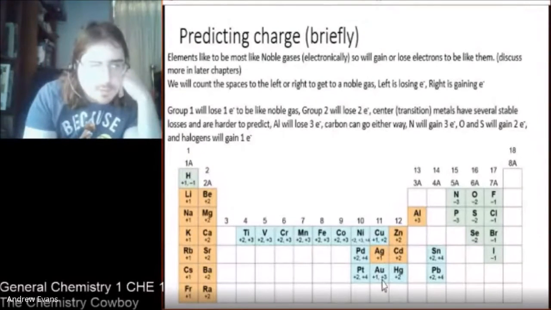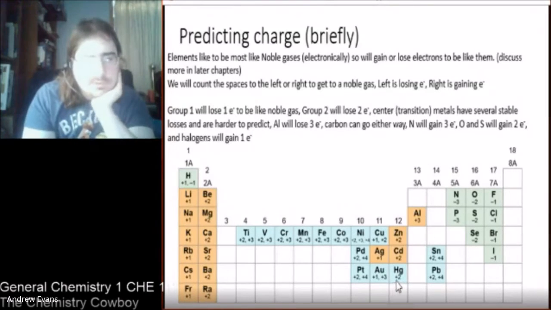Gold, 1 plus, 3 plus. Mercury has 2 possibilities. So lead and tin have 2 possibilities, and we'll talk about those guys a little bit later. But because of that, we can't just say, oh, I know what the charge of that will be. And so we have to do our best, and we'll talk about how we do that in a bit.